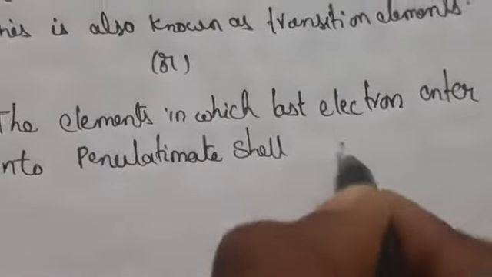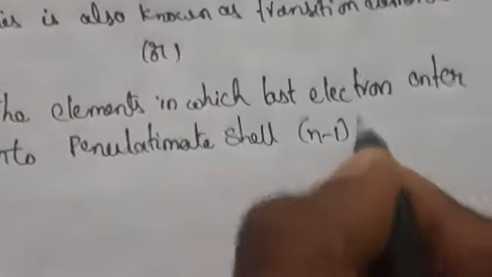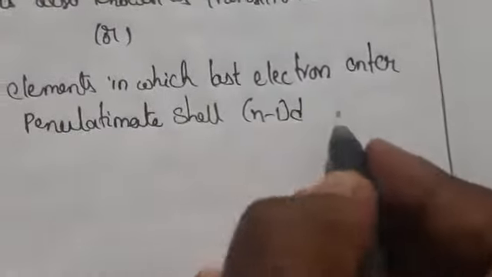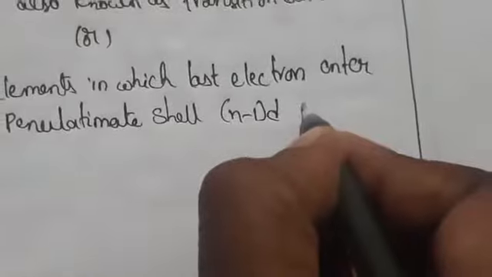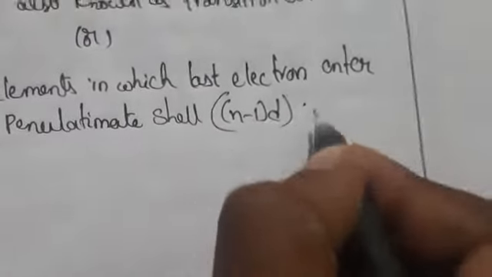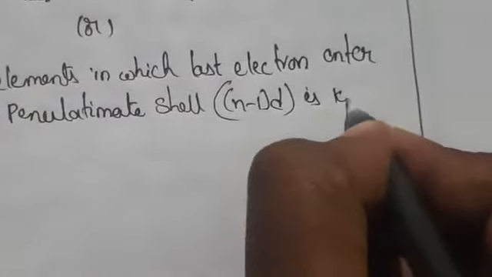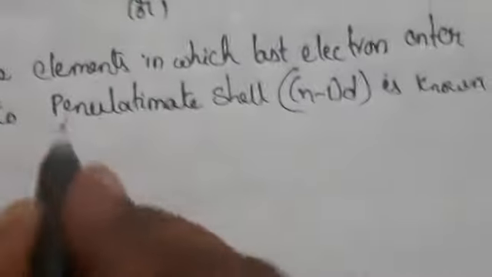The penultimate shell is nothing but n-1 d. So the elements in which the last electron enters into n-1 d are known as transition elements.